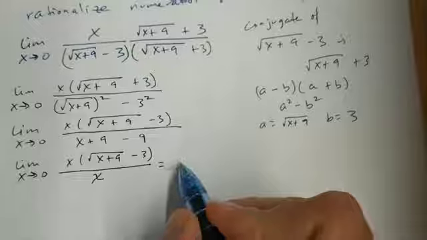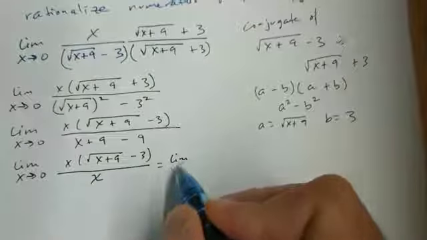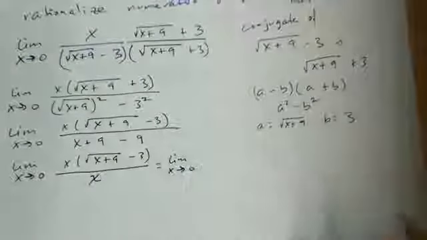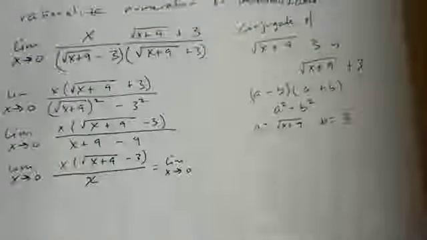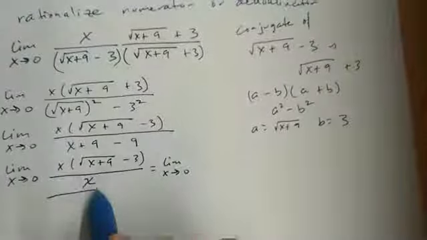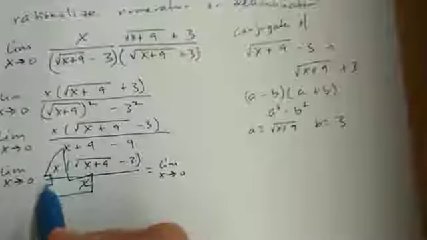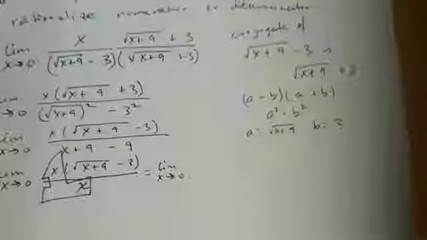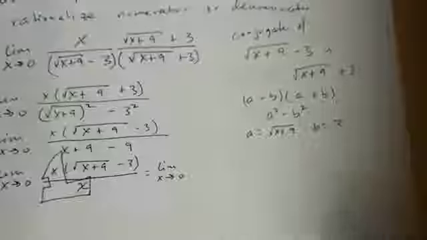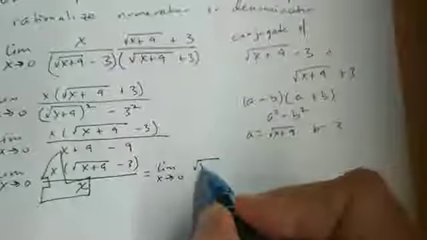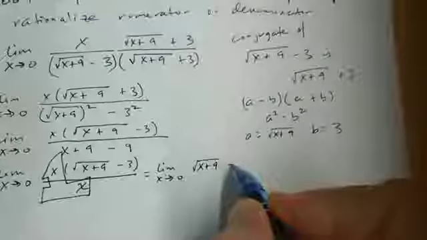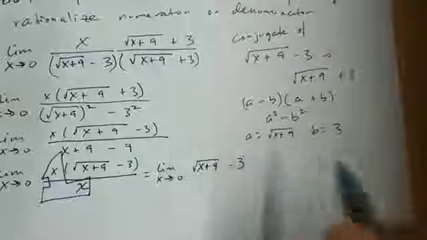Notice in this line, we have x divided by x, and x divided by x is 1. So our x's will reduce out, and we'll be left with the limit as x approaches 0 of the square root of x plus 9 minus 3.